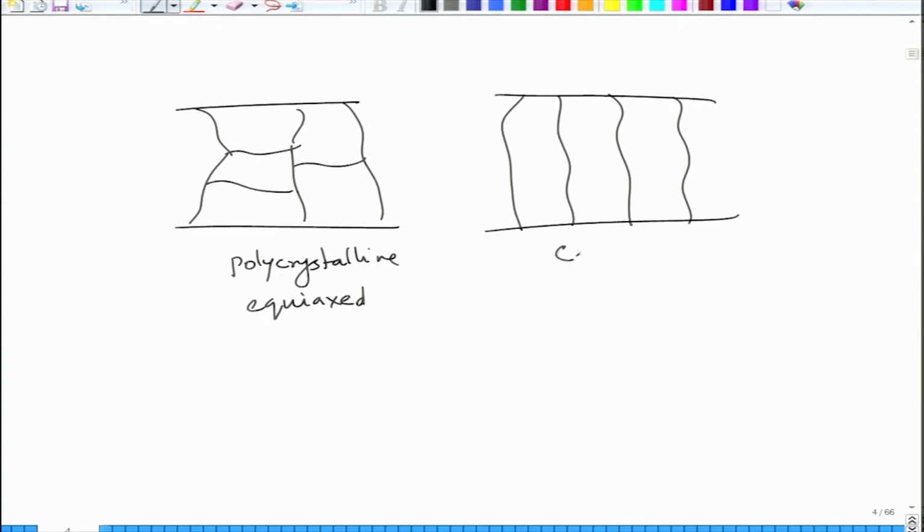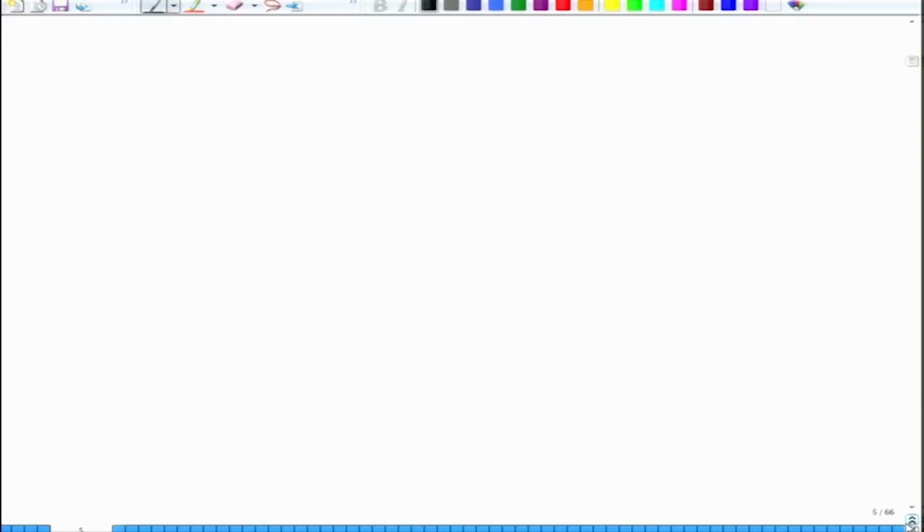The columnar structure is preferred because it prevents recombination sideways. There are no leakages and recombination paths in the films. You can't make single crystal films, which is difficult, but you can certainly make a columnar polycrystalline structure, which is better than the equiaxed structure of the films.